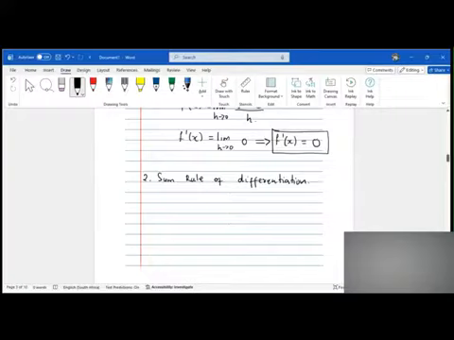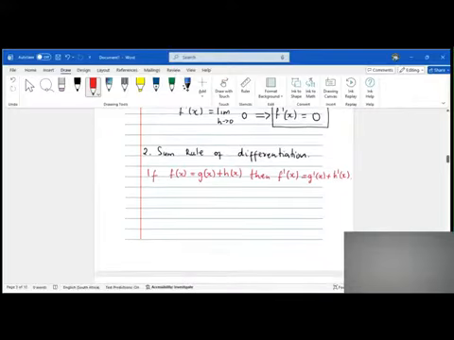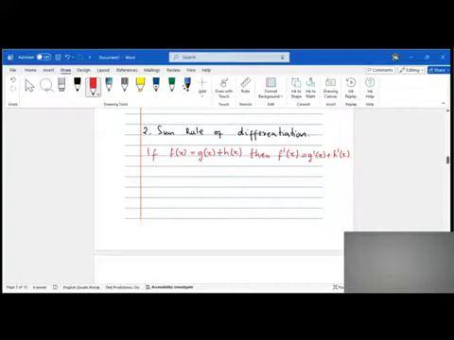We are saying if f of x is equal to g of x plus k of x, then the derivative of f, the derivative of a sum of two functions, is nothing but the sum of the derivatives. So we have to prove that.